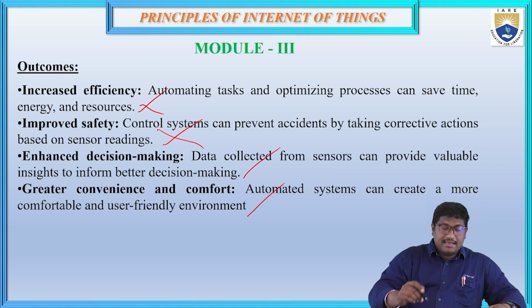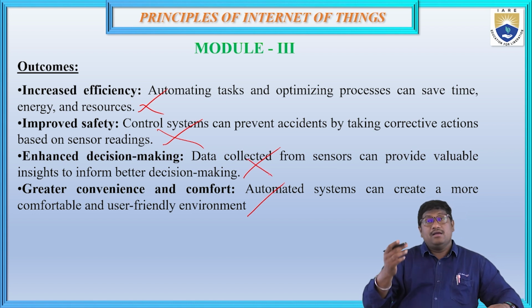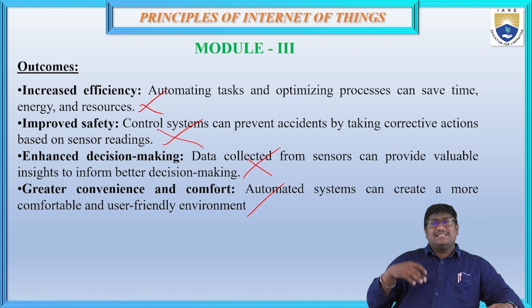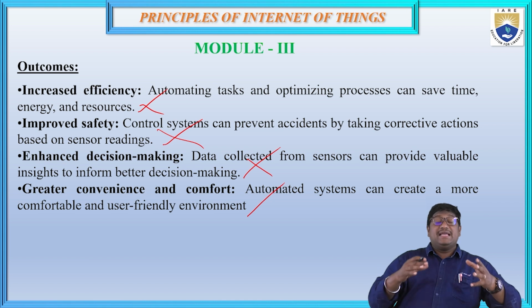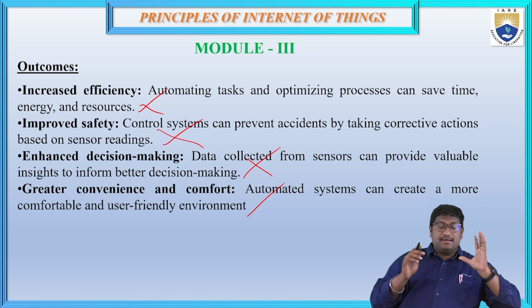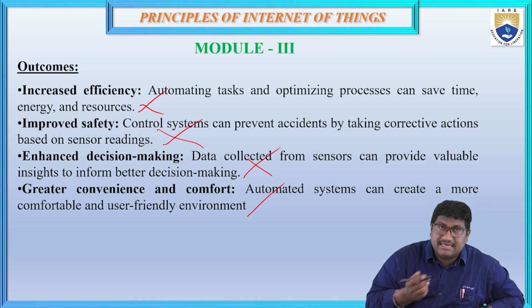In the same way, enhancing decision making. Whatever data is collected by the sensors is going to provide you valuable insights, and based on those valuable insights, we are going to analyze and, by that report, take some decisions on that particular data. Like that, it will enhance our decision making.